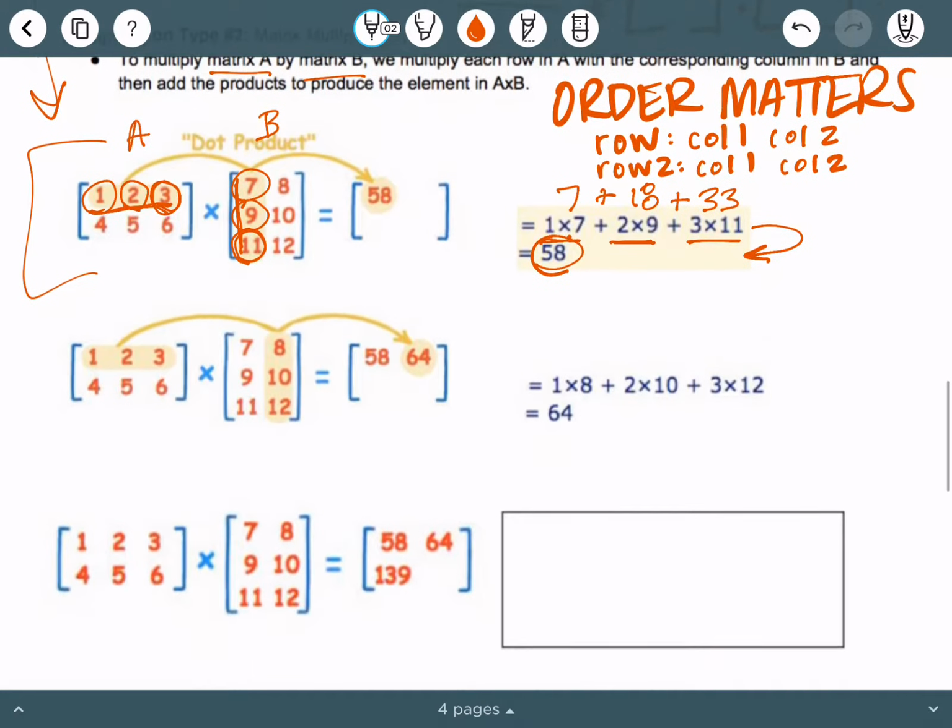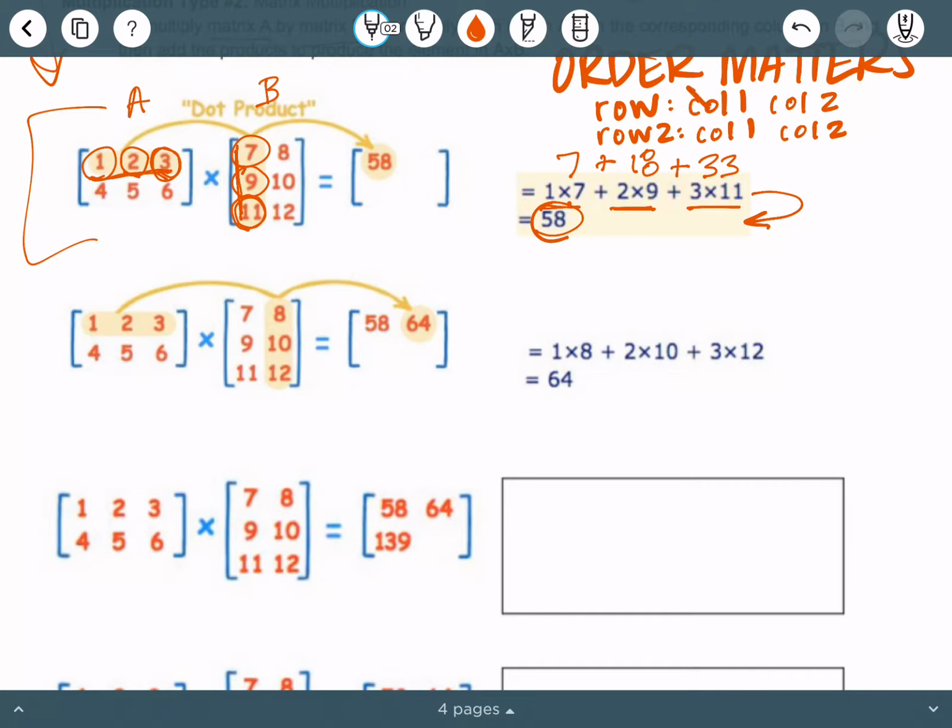So here we're looking at the second one. We've already done this one, right? Now we're going to do row 1, the first row here, with the second column. So we have 1 times 8, that's here, 2 times 10, that's here, and 3 times 12, that's here. Right?